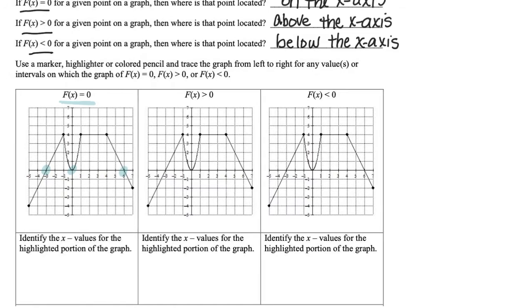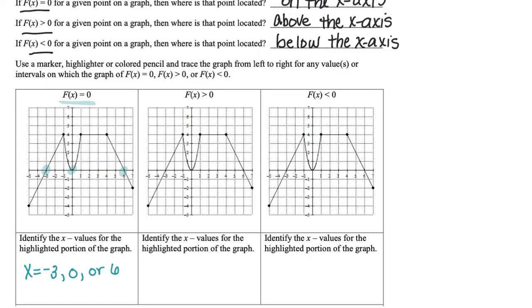I'm going to slide this up a little bit. Identify the x values of where you would be. Well, those x values would be -3, or 0, or way over there at 6. So there's the first ones.